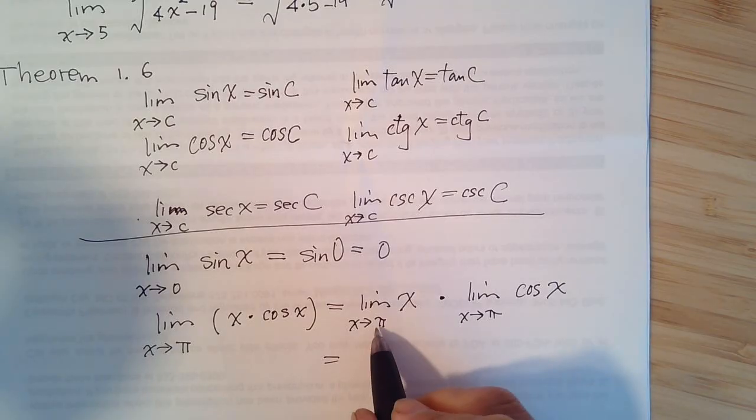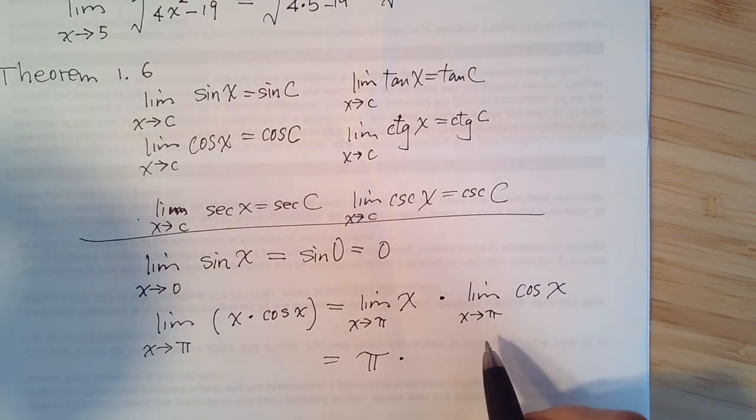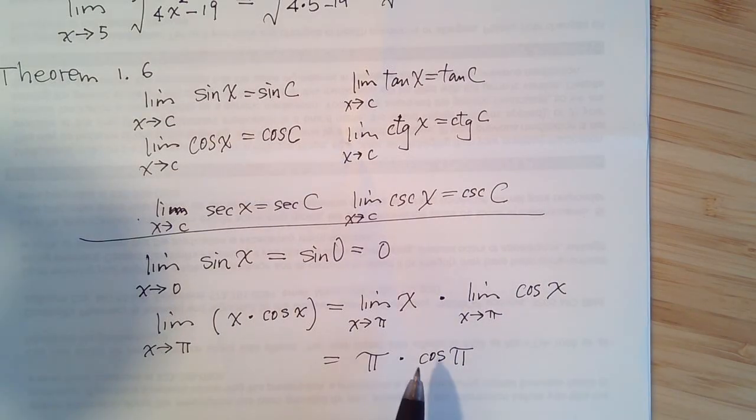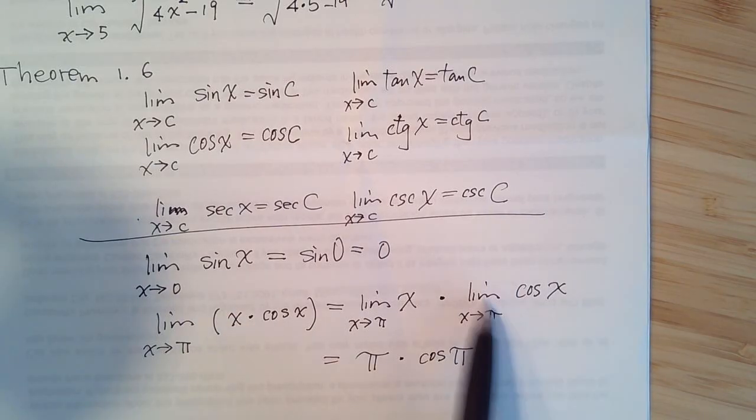When x approaches pi, the limit of x is just pi, and then the limit of cosine x is cosine pi. See, we're using one of the properties we did earlier, 1.2, and also the trigonometric one, which is 1.6.